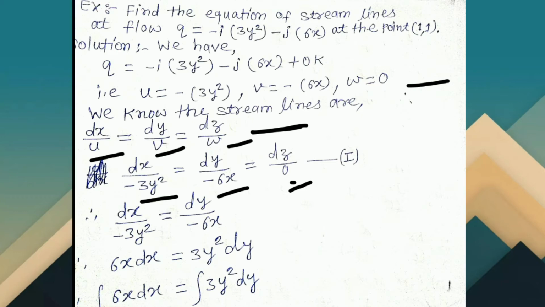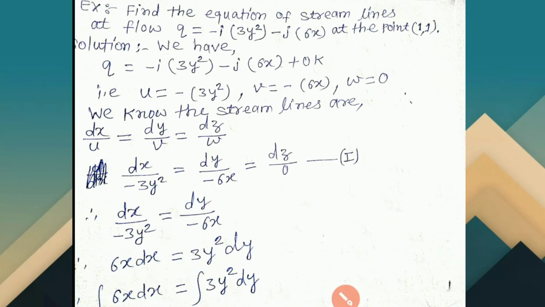So by taking dx upon minus 3y square is equal to dy upon minus 6x, what do we get? 6x dx is equal to 3y square dy. Integrate this.